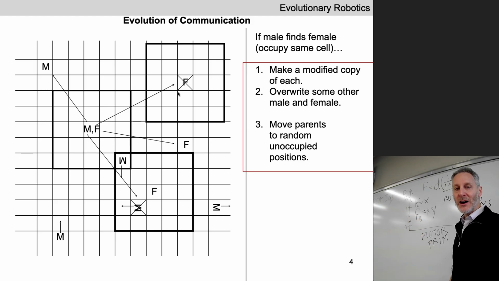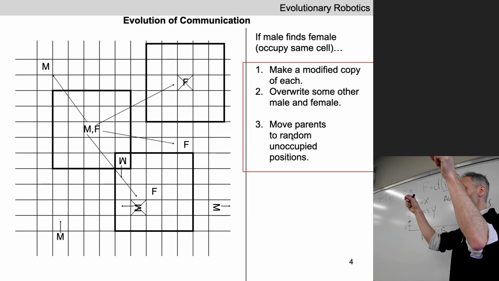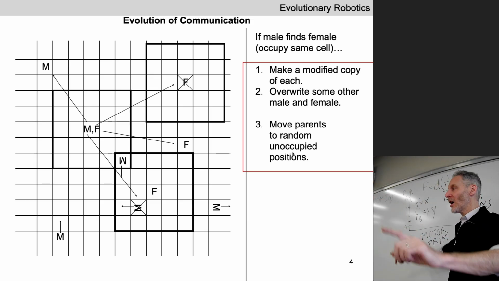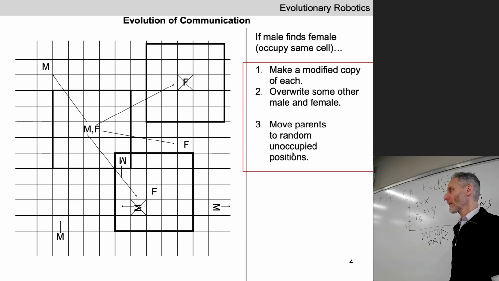So death occurs on the toroid when you just happen to be walking around and you get overwritten by somebody else's offspring. Tough world. The last step of the reproduction event: we take the co-locating male and female parents, take them out of that cell, and place them in random unoccupied positions anywhere on the toroid.